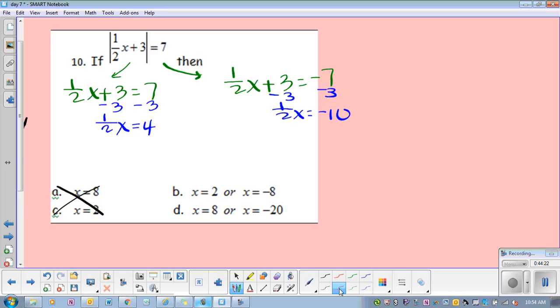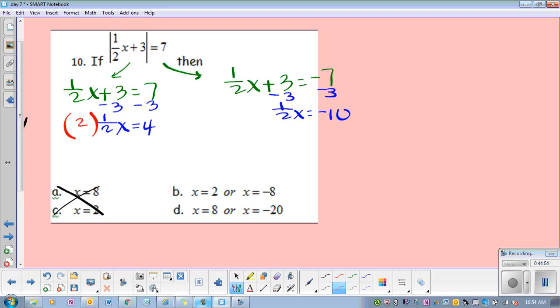It's really weird. How do you get rid of this 1/2 that's in front of the x? Well, to get rid of the fraction, you could turn it into a decimal. How about multiply by the reciprocal, right? Take this 1/2 and flip it. 2/1, which is the same as 2.